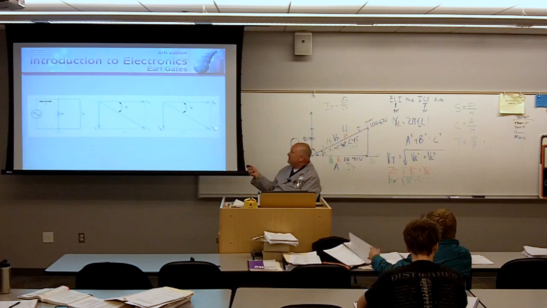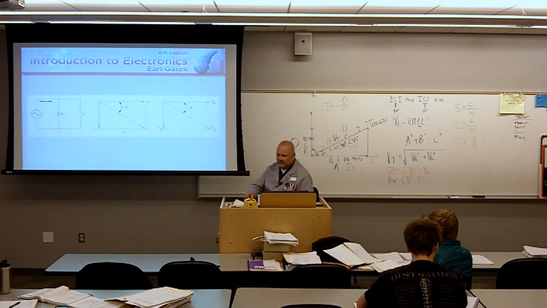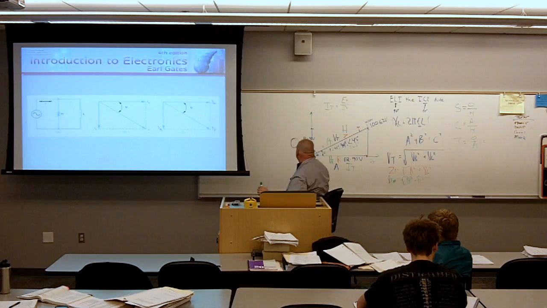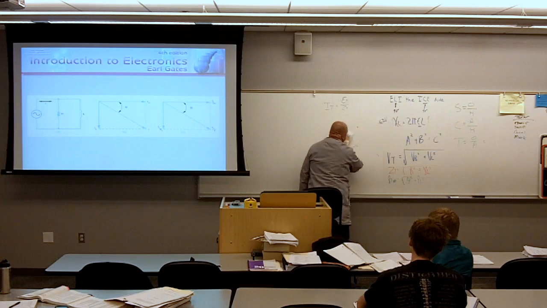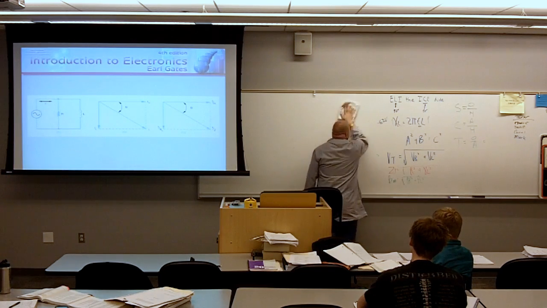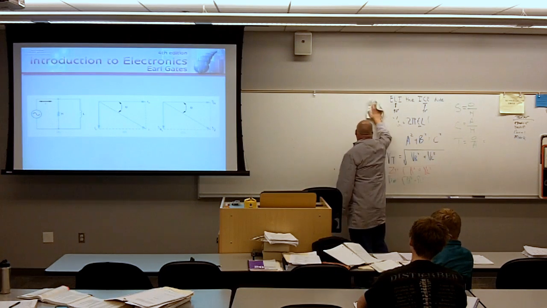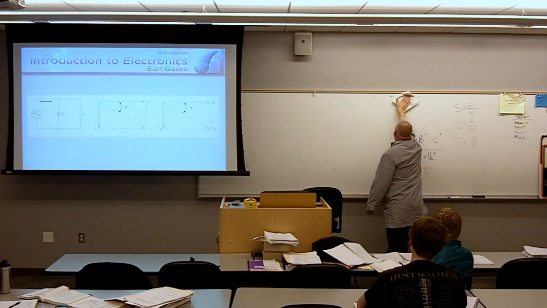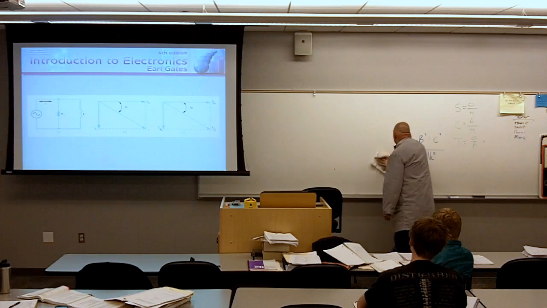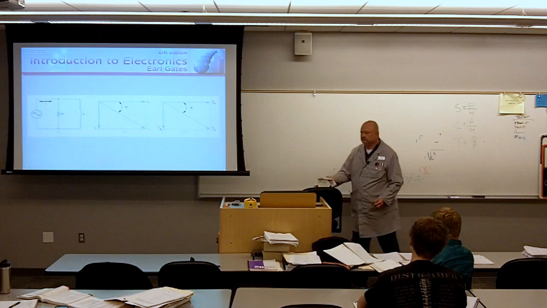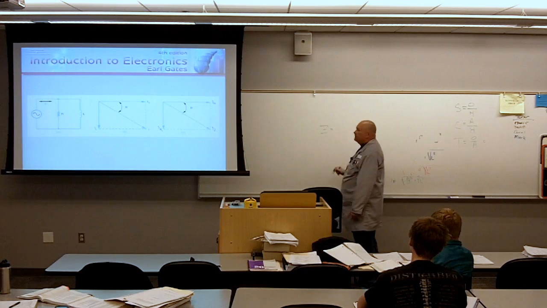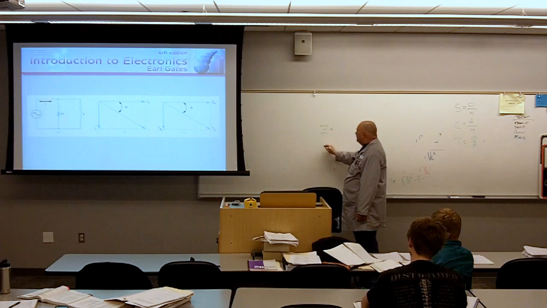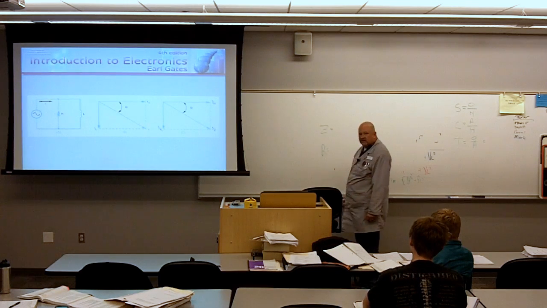If that's the case, how can you calculate out impedance in a parallel circuit? How did I calculate out resistance in a simple DC circuit? R is equal to what?